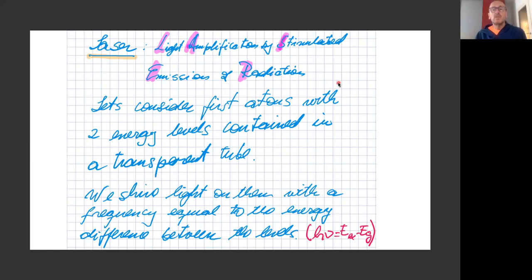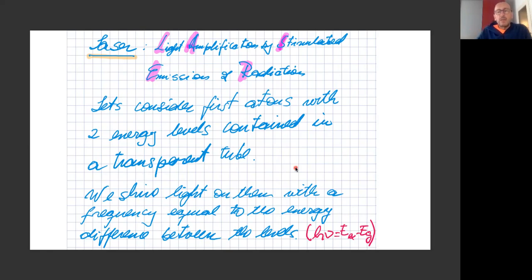Okay, so for understanding how a laser works, I would like to consider a set of hypothetical atoms that have two energy levels, and not two atoms, but many atoms of this kind contained in a transparent tube. So I have a transparent tube and a gas of atoms inside, and these atoms have two energy levels.